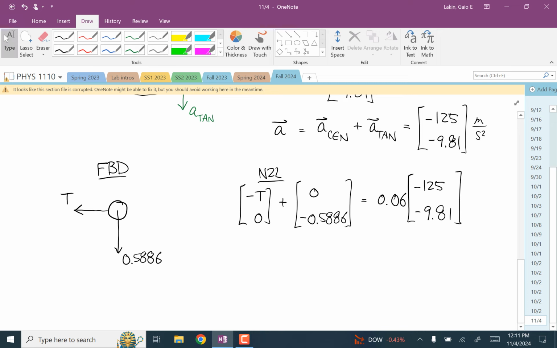Now we can use the x equation, and we get negative T is equal to negative 7.5. So the tension in that string is 7.5 newtons.